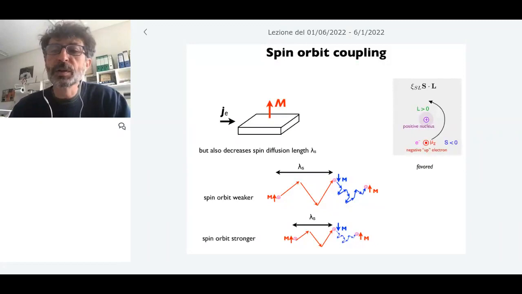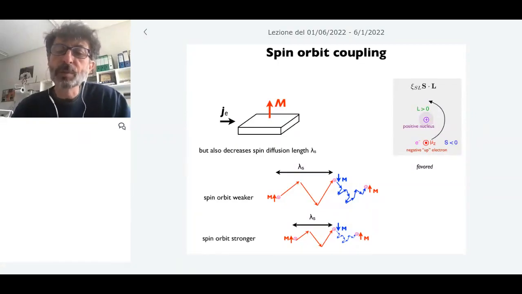So this is the important point that we want to mention, because if we said that spin-orbit coupling is also responsible for spin flip, so there could be an influence. If we have a spin diffusion length that is small, it means that spin-orbit coupling is stronger.